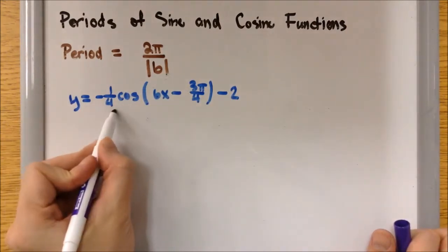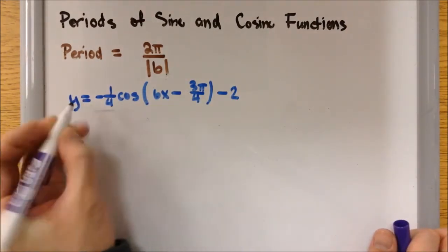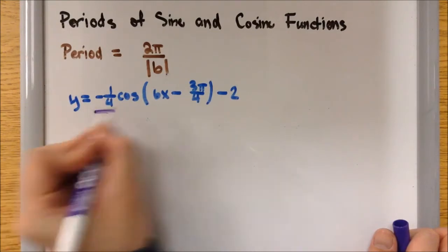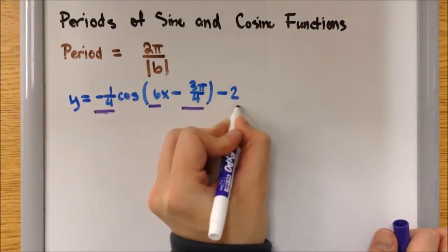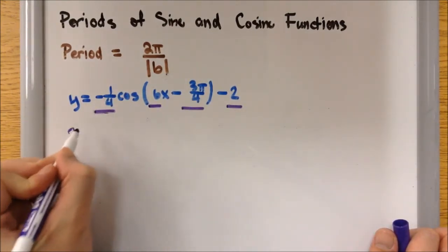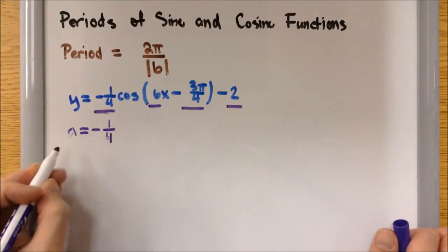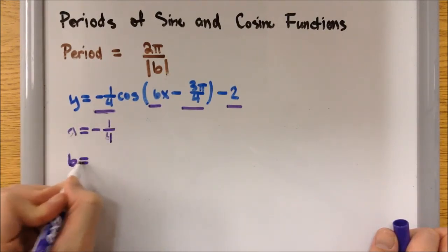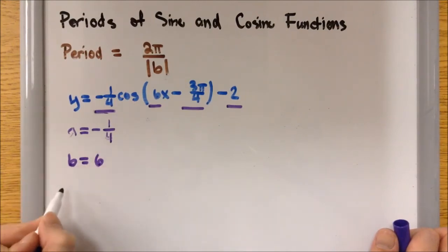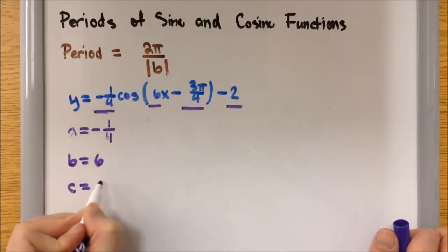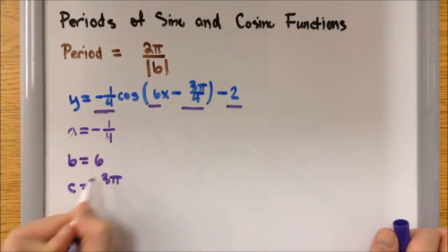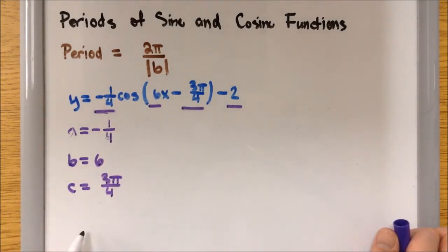Next, we're going to identify A, B, C, and D. So the A value is negative 1/4. Our B value is 6. Our C value is, since it's minus 3 pi over 4, just positive 3 pi over 4. And then our D value is negative 2.